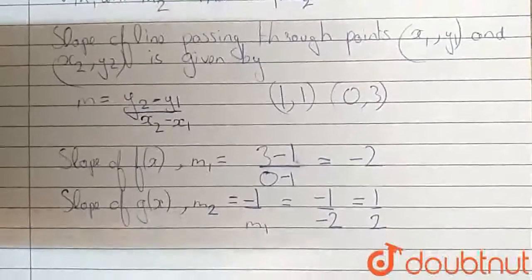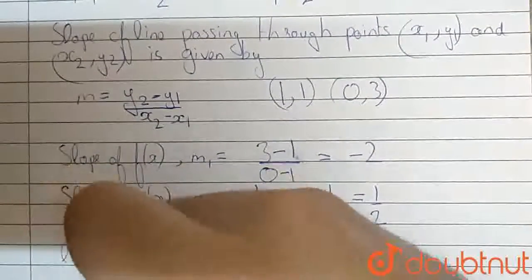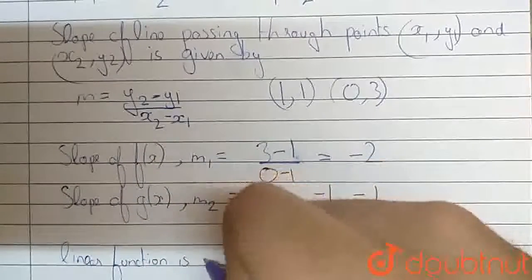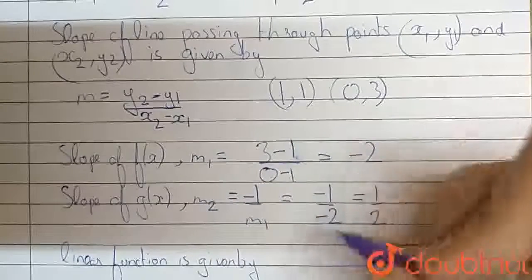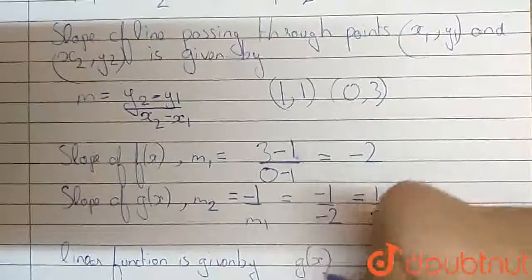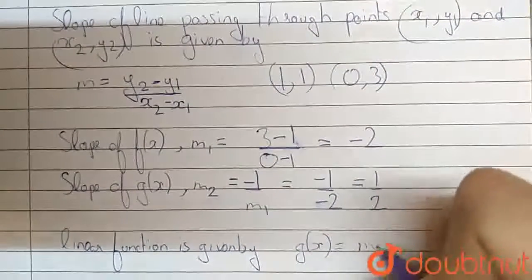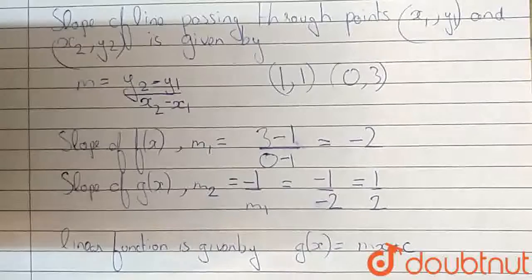Now one more thing is a linear function is given by, let us say, g(x) equal to mx plus c. Here m is the slope and c is the y-intercept or constant.